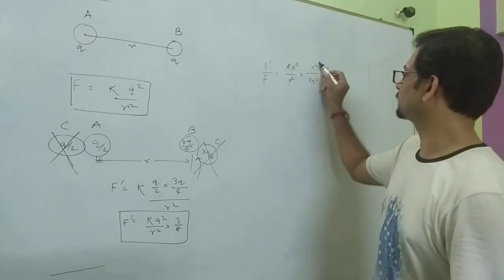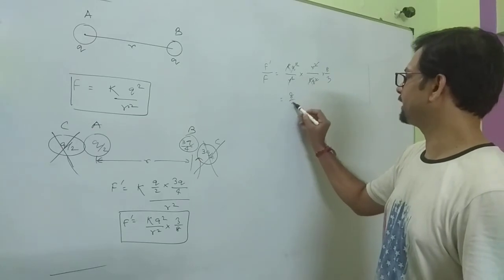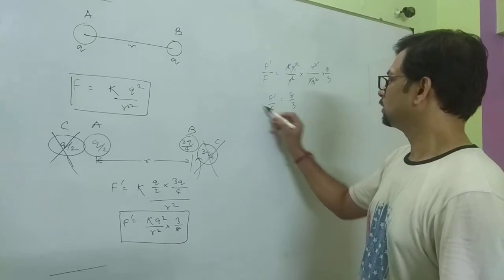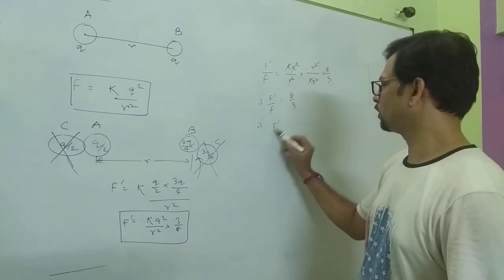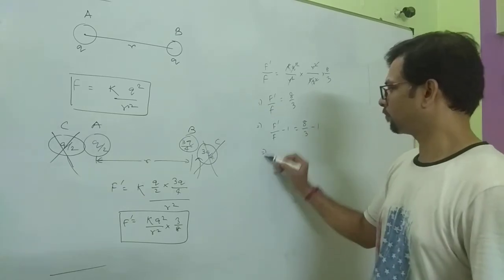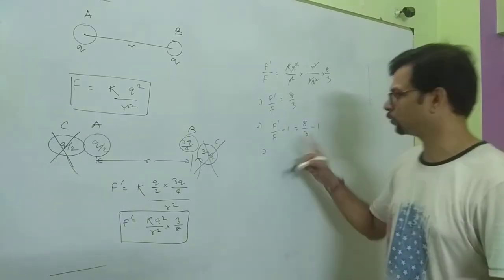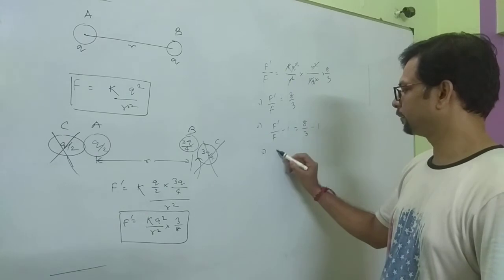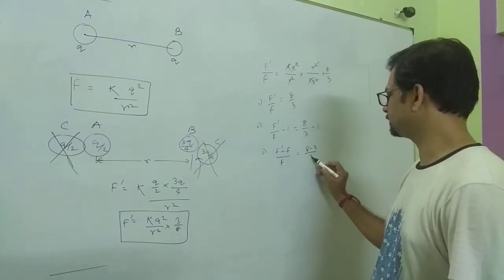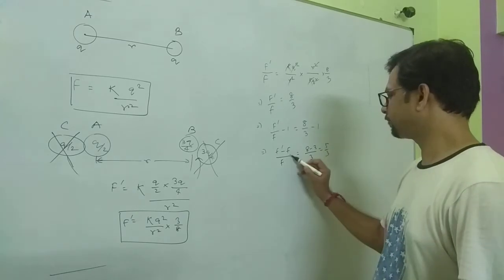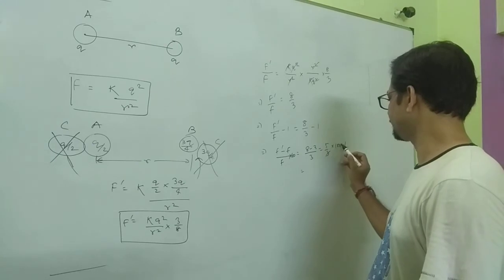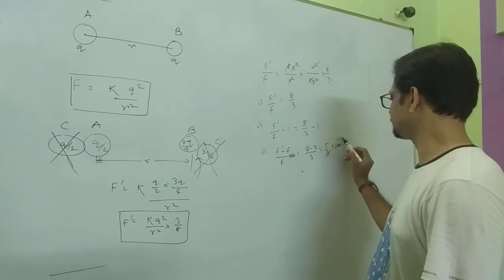So K Q square R square cancel out, that means it will be 8 by 3, that is F prime by F. If you want to find the percentage, we all know F prime by F minus 1, 8 by 3 minus 1. From ratio to percentage, this is the easiest method: minus 1 into 100. So it will actually be F prime minus F by F, and it will be 8 minus 3 by 3, that is 5 by 3, and if you multiply by 100, it means it will be 33.3.